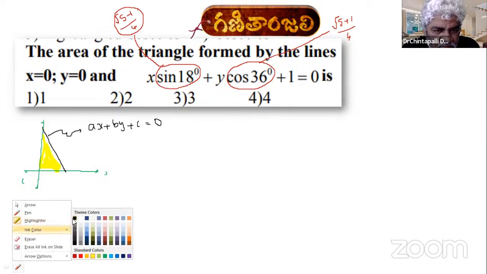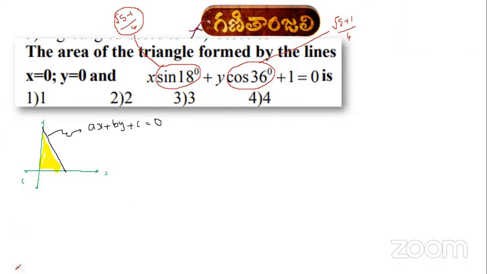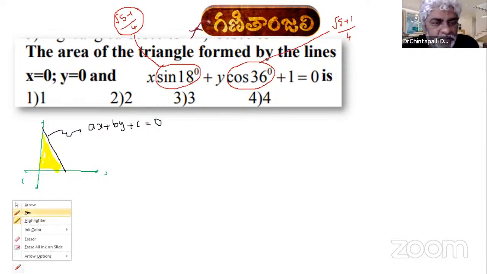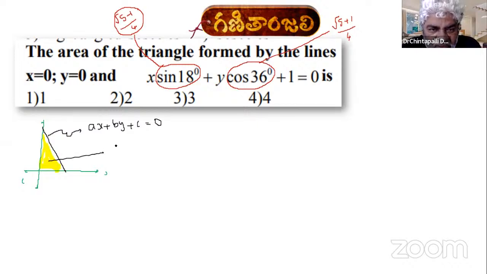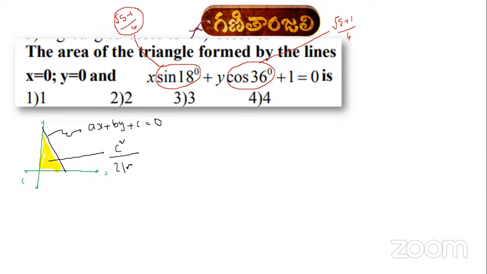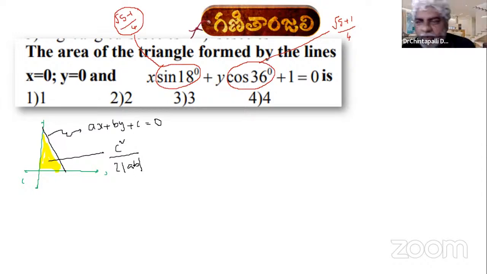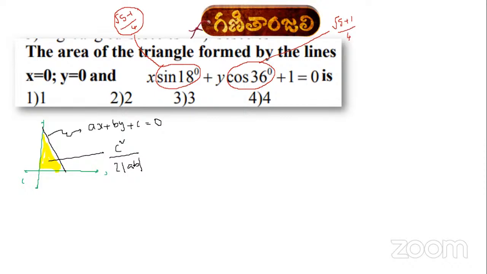The formula is c square by 2 mod ab, right? C square over 2 mod ab.